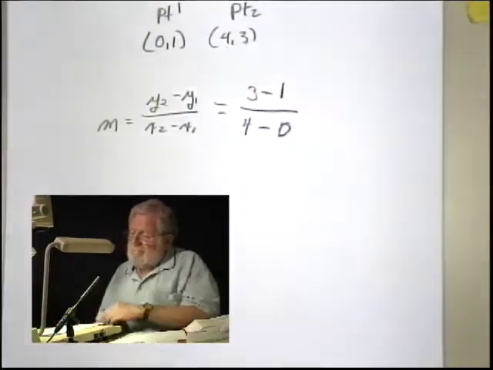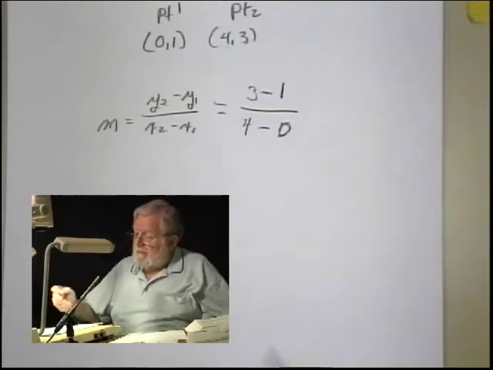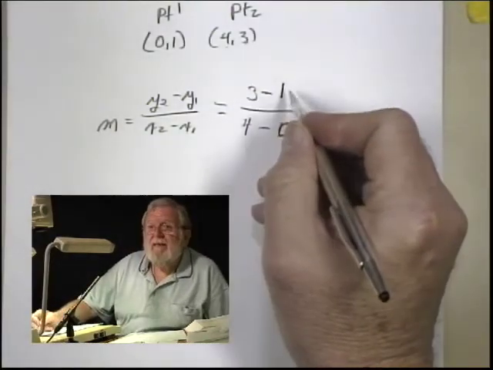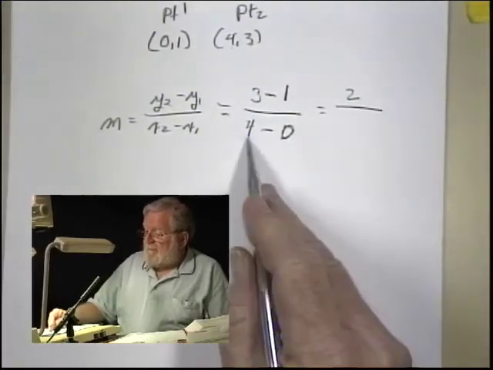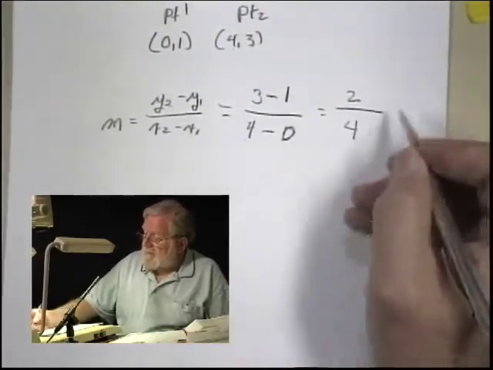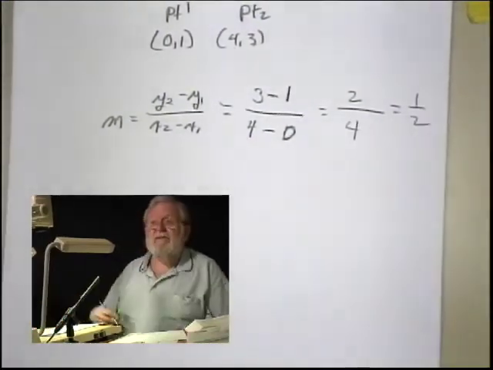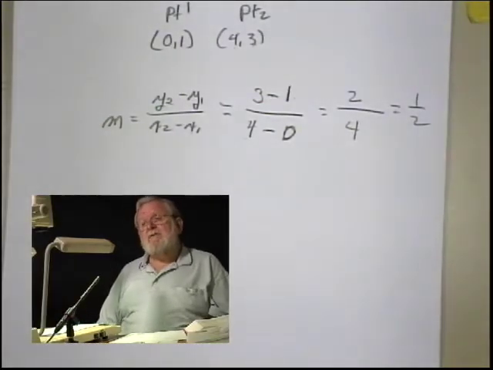So what is the slope? Well, 3 minus 1 is 2, and 4 minus 0 is 4. That's 1/2. So the slope of the line is 1/2.